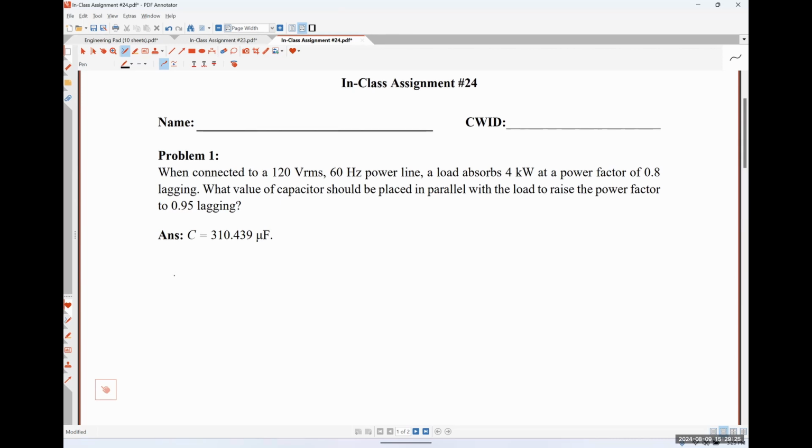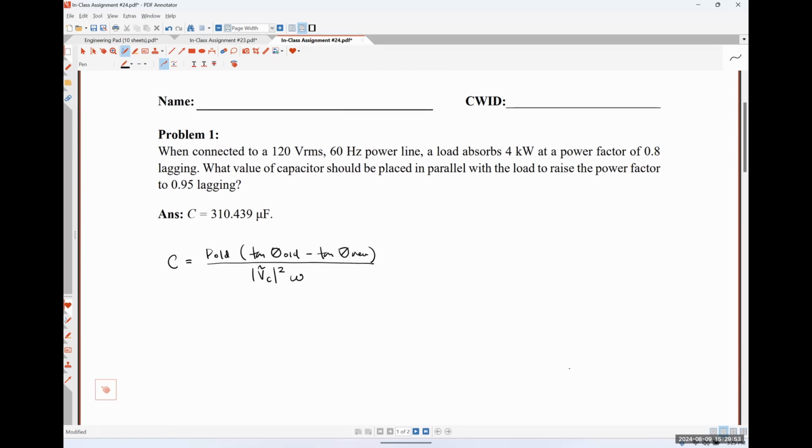So let's remind ourselves of our equation. C is equal to P old times the tangent of theta old minus the tangent of theta new, divided by the magnitude of the voltage drop across the capacitor squared times omega. And now let's figure out which pieces of information we have, right?